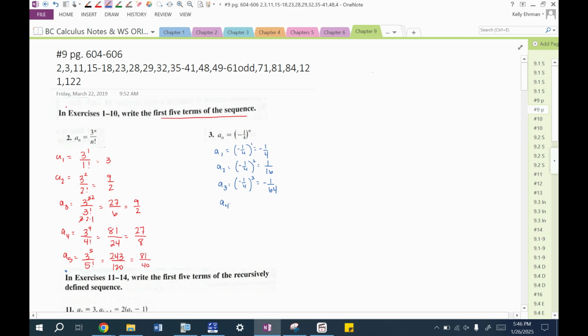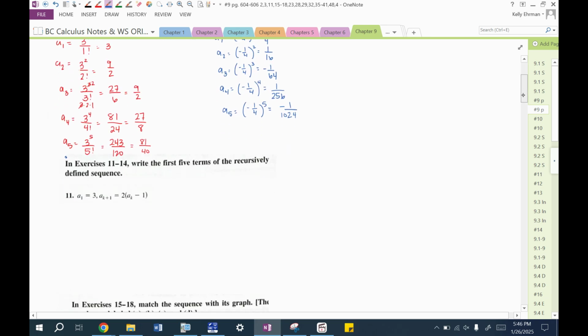The fourth term is negative 1/4 to the fourth, so this will be positive 1 over 256. And then the fifth term will be negative 1/4 to the fifth. That's negative 1 over, let's see, 256 times 4, so 1024.